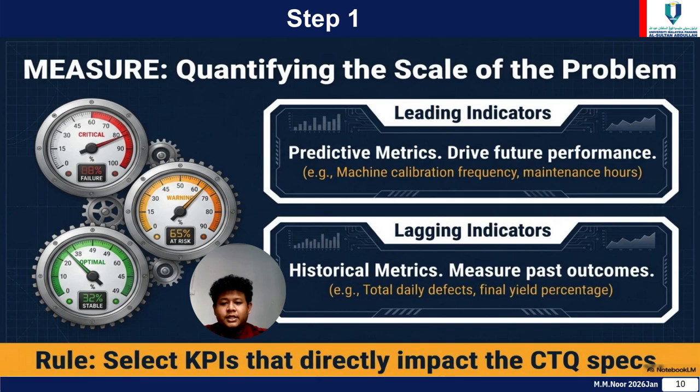Second, lagging indicators. These are historical metrics. They measure past outcomes and show us the final result of our process, such as total daily defects or final yield percentage. By balancing both indicators, we get a transparent view of the process health.